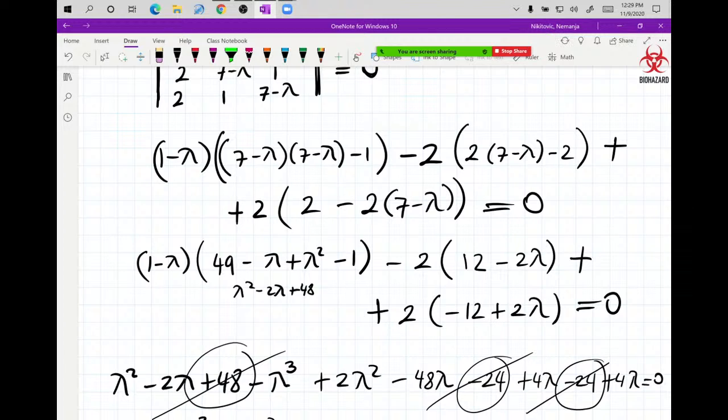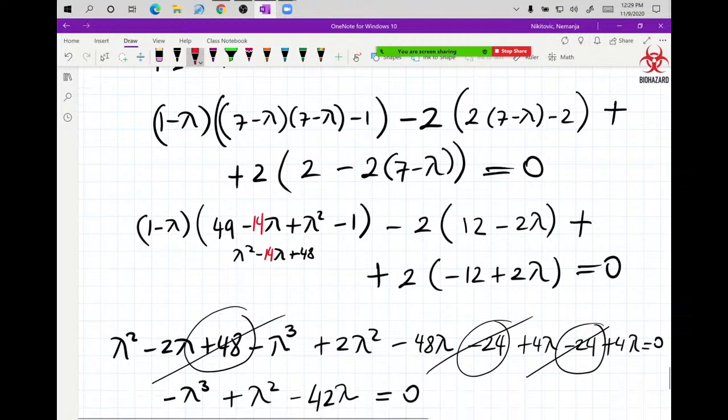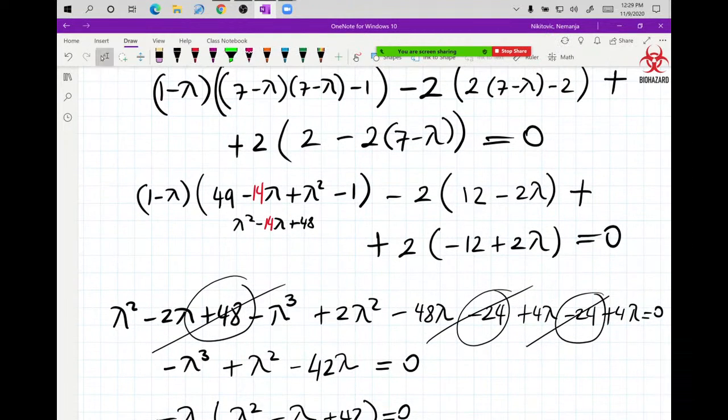This over here is 14. I'm about to start crying right now. That's a 14, which changes stuff in here.